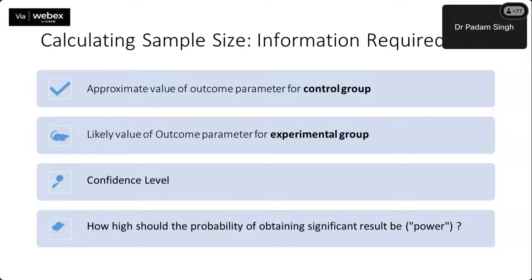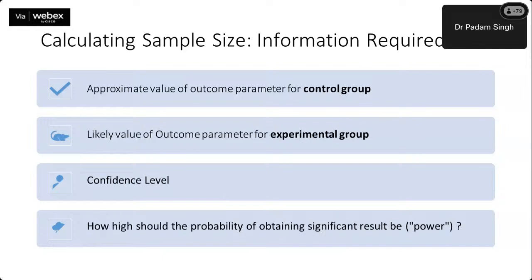The first thing we require is the approximate value of the outcome parameter in the control group. Similarly, what is the likely value of the outcome parameter in the experimental group? We should know both of these.